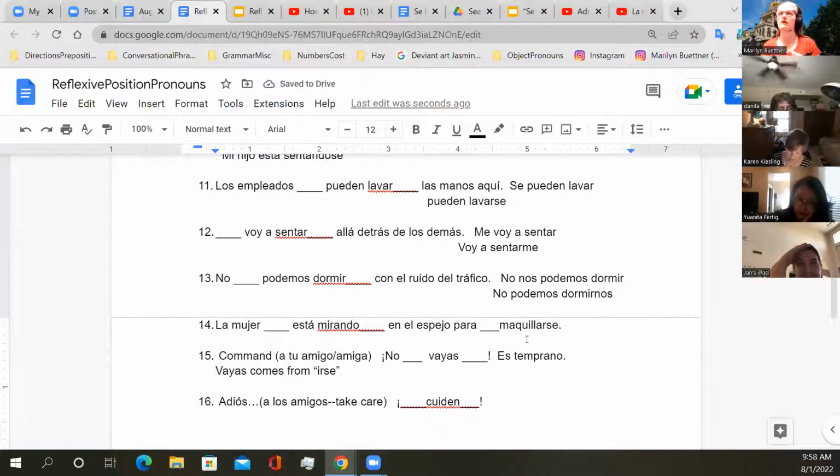No choice there. It's a plain old infinitive by itself, hanging out after that word para. So para maquillarse is in order to put on makeup. The woman is looking at herself in the mirror to put on makeup. Para maquillarse is what it has to be. That has to be the little caboose on the end of the train there, maquillarse.